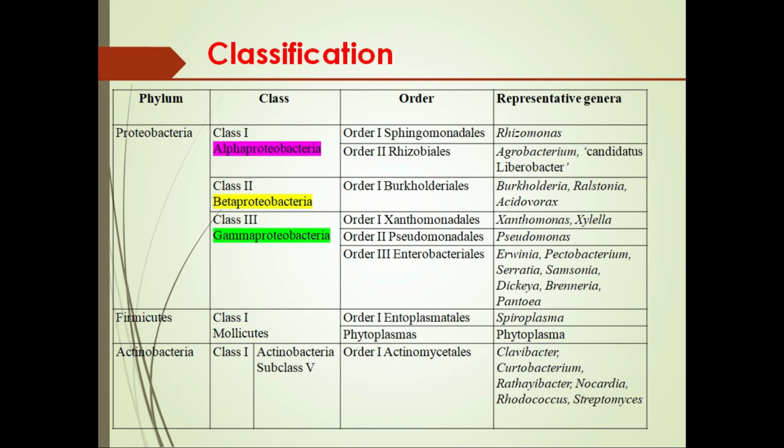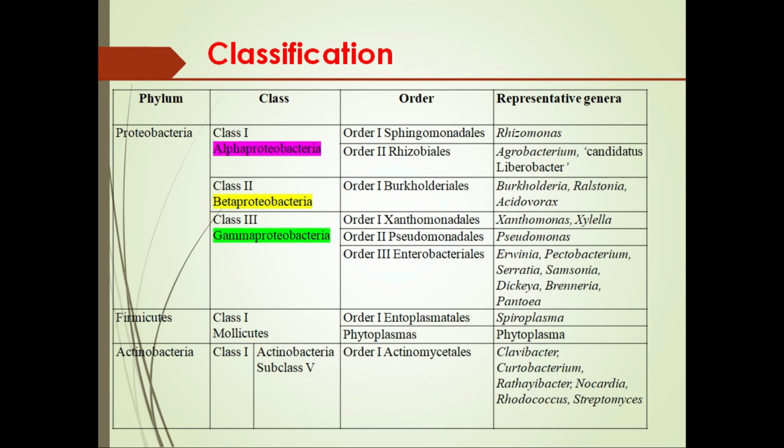Now after nomenclature, we get classification. We have seen lots of changes in the classification of bacteria in recent times. One significant change is that we got phylum as a taxonomic rank. Phylum was not there earlier. It was division: Gracilicutes, Mollicutes, Firmicutes. Those were the divisions. But now we do not have divisions.